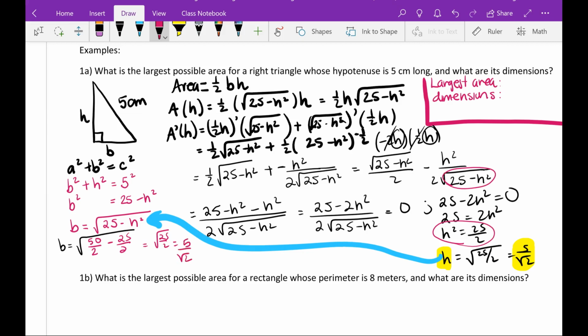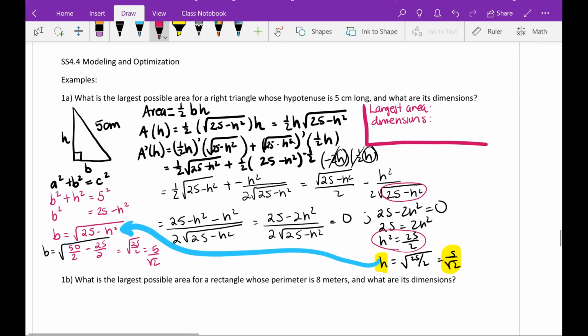So the base and the height happen to be exactly the same. So the dimensions are 5 divided by radical 2 centimeters by 5 divided by square root 2 centimeters. And no, you do not need to rationalize your denominator. So those are my 2 values that will give me the largest area.